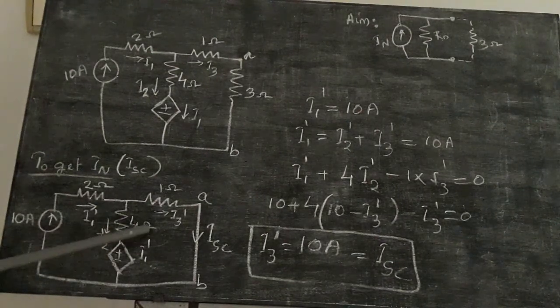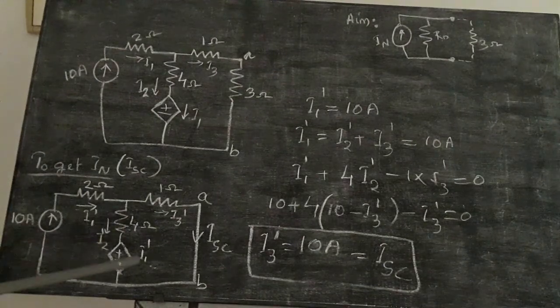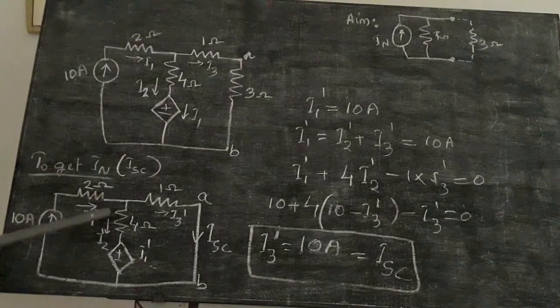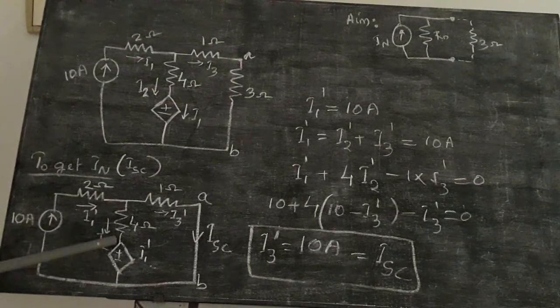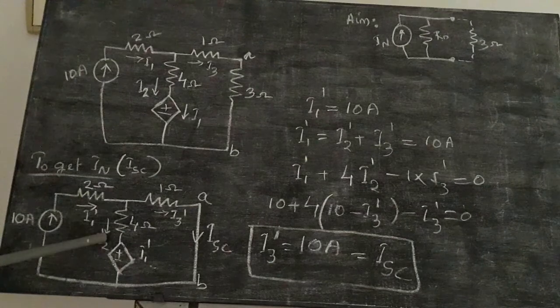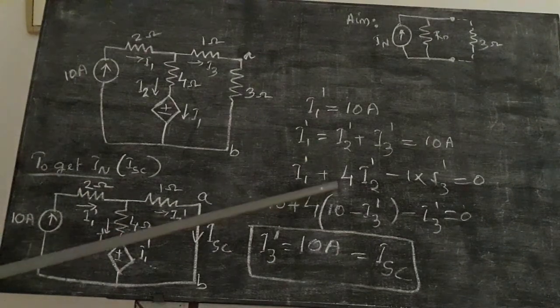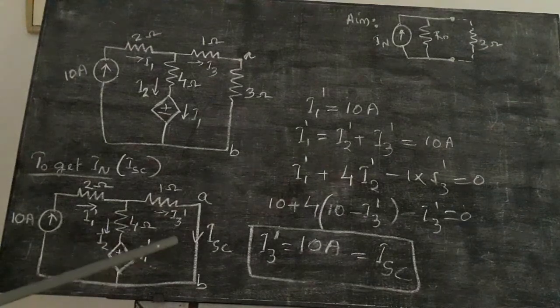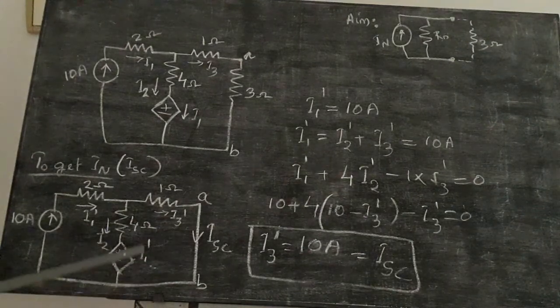The drop in the 4 ohm resistor is 4 into I2 dash. But we are traveling from down to up, and current I2 dash is moving from up to down. So the drop here is plus, not minus: I1 dash plus 4 I2 dash, because we are tracing the loop in the clockwise direction.